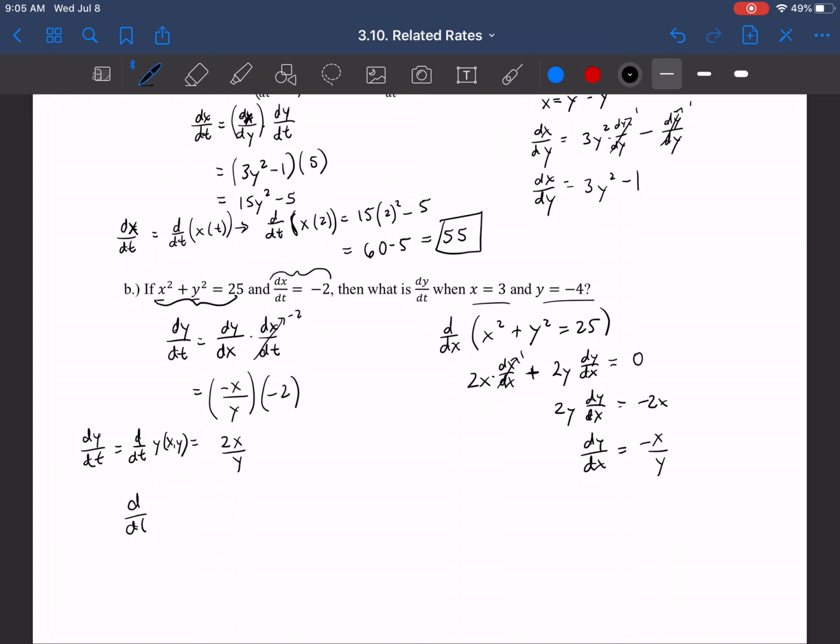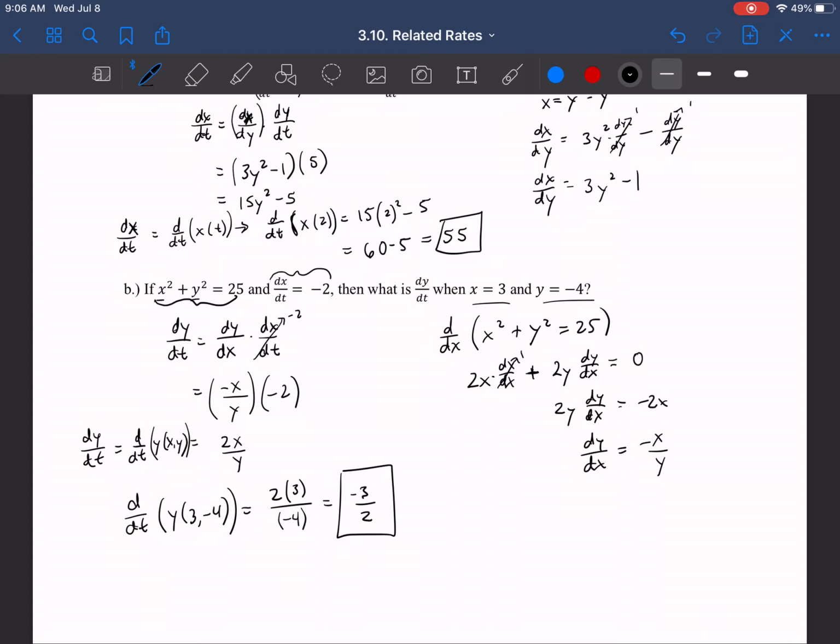So this is d/dt of y, I could put parentheses in, that's the part we're taking the derivative of, y at (3, 4), and so we plug in 3 for x and 4 for y, just like that. And 2 over the 4 is just a 2 in the denominator, so this is 3 over 2. And there's your answer. Okay?